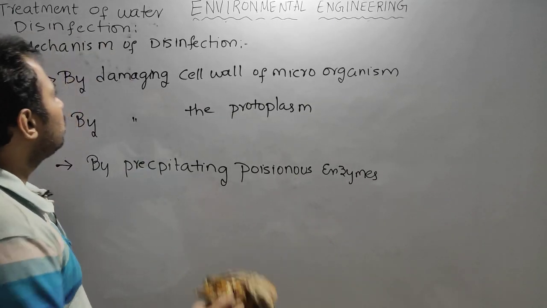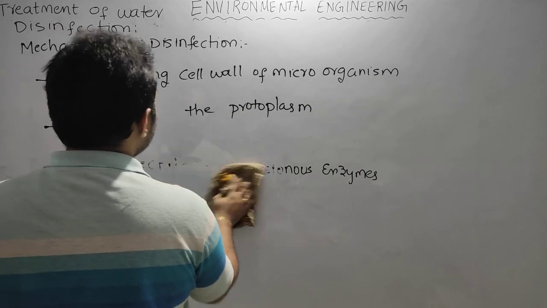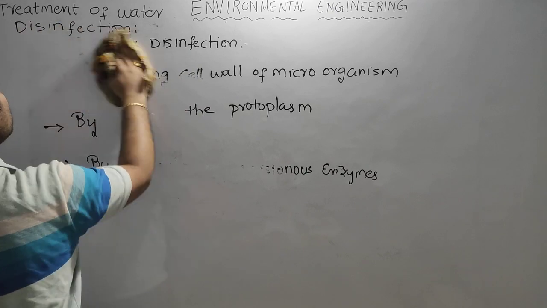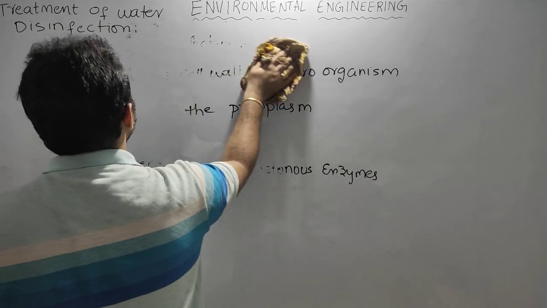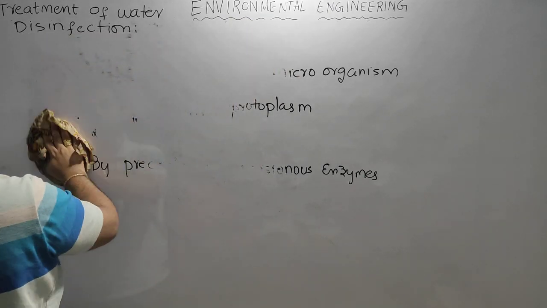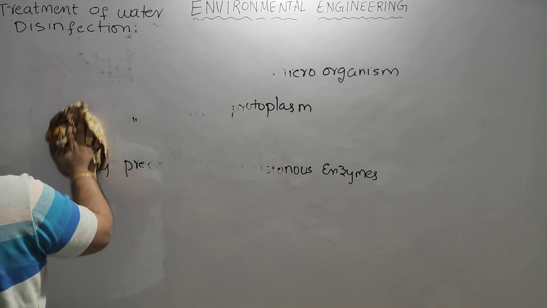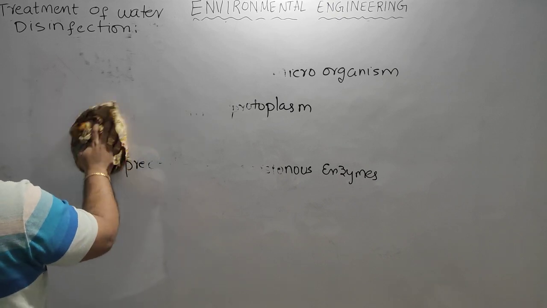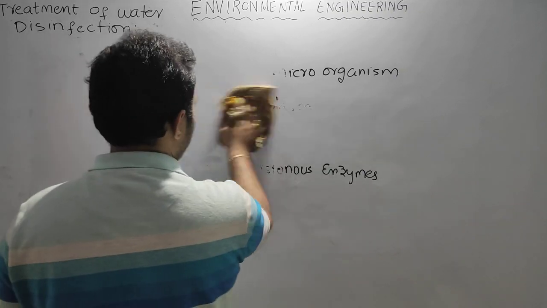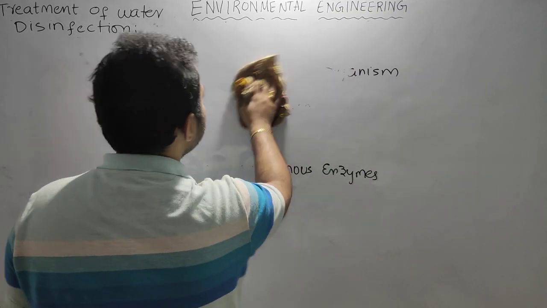Now, what are the different methods? See, there are some minor methods and one major method. We will discuss all the methods one by one, and where each method is suitable, and what the drawbacks of that method are, making it unfit for mass water supply, bulk water supply.